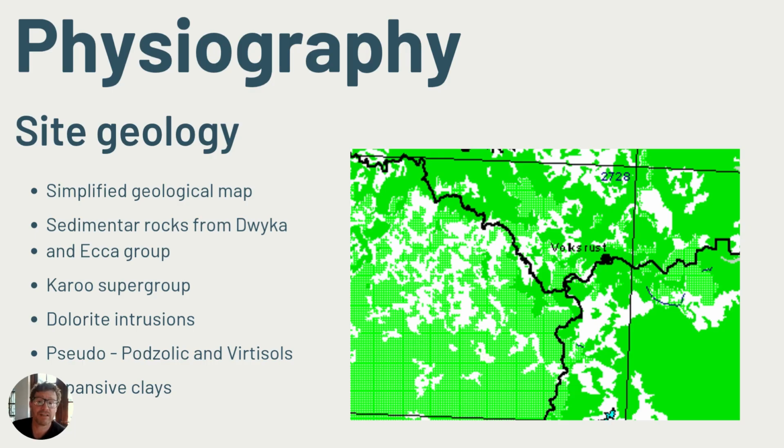The geology is mainly sedimentary rocks from the Dwyka and Ecca subgroup, which forms part of the Karoo supergroup. It is known for its dolerite intrusions in the forms of dikes and sills. The soils that one can expect to find are pseudo-podzolic and vertisols. They are characterized by thick, black, expansive clays that, when they get wet, can lead to founding problems because they expand.